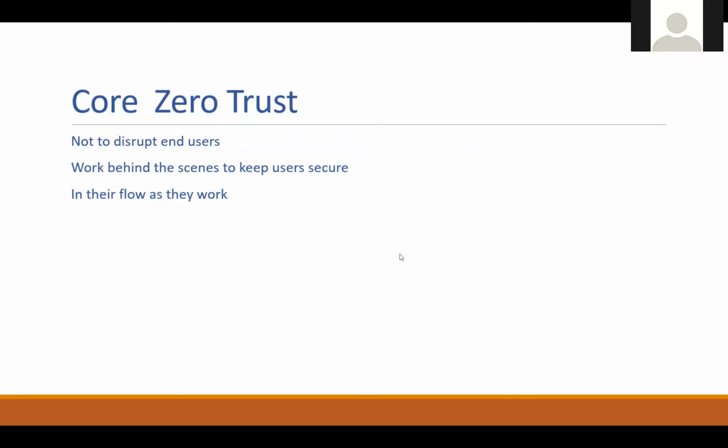So one of the core things with zero trust and security in general too is to try to implement a model that's not disruptive to users, because if it is disruptive, users are going to try to figure out ways around the security in order to be able to do their job.